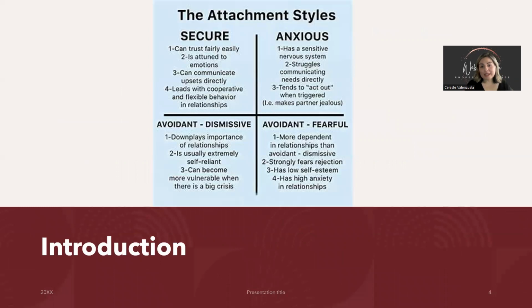So the attachment styles, there's so many different kinds that we can experience within our environment with different children. So we have the secure attachment, the anxious attachment, the avoidant, dismissive, right? The fearful, that children can experience. But going back to the secure, so we want children to trust, right?